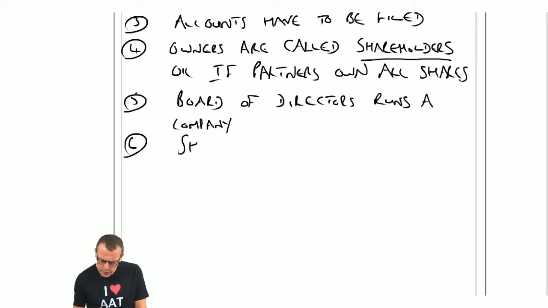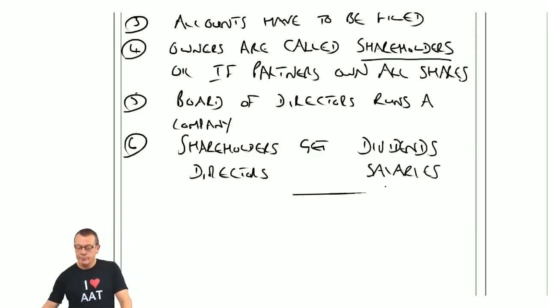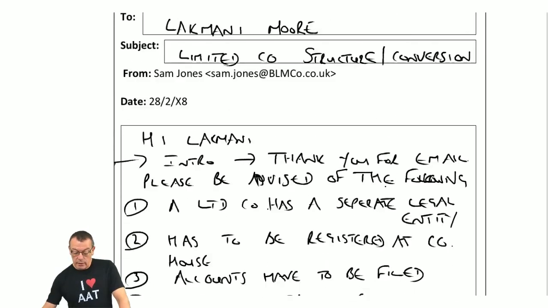So the shareholders get dividends and the directors get salaries. So another big difference in how they're paid. You might not get all the points, you might get different points. You get marks for all of them.